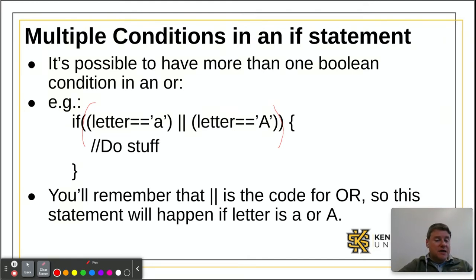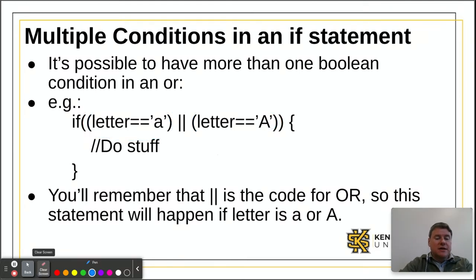Then I have inner parentheses because I'm trying to check two different conditions, and each one of those conditions should be in its own set of parentheses usually. For example, here's one, that's letter equal to a, and then here's the other one, which is letter equal to capital A. Then I'm using an OR operator in between the two of those. So it evaluates this side, then it evaluates this side, and then it does the OR between them.